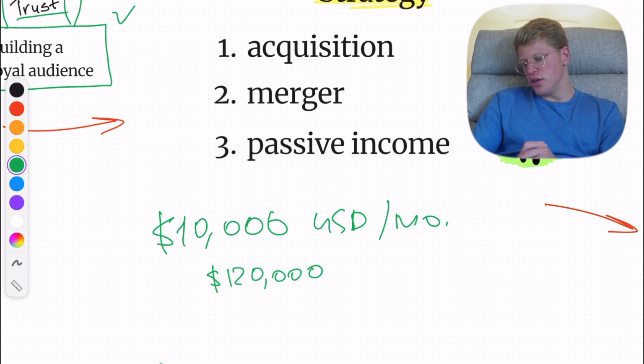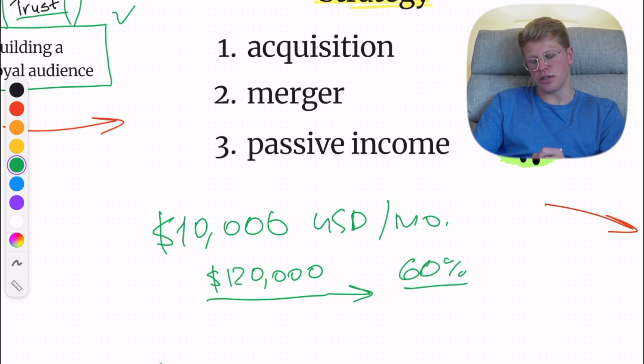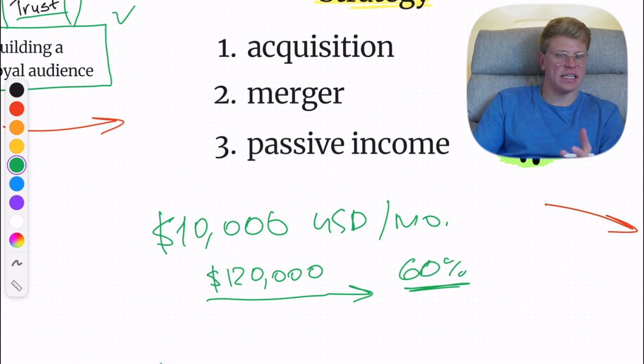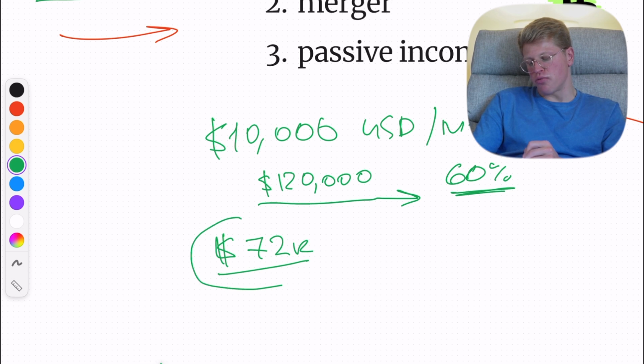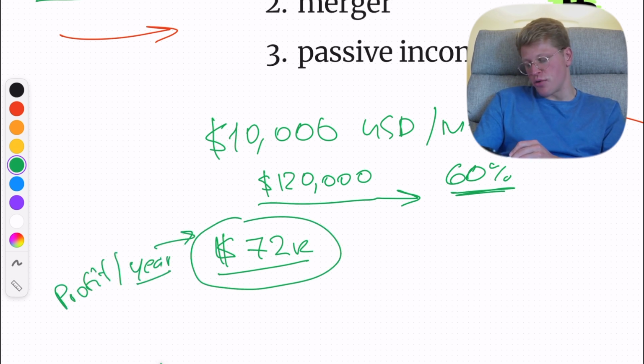Let's say that your profit margin with the content business, you're operating super lean, right? And your content business has a profit margin of, let's say, 60%, right? That's a fair margin. So then 60% of 120 comes out to 72K, right? 72,000. 10 is 12 times 6, 72K. So this is how much profit your business is generating per year, right?